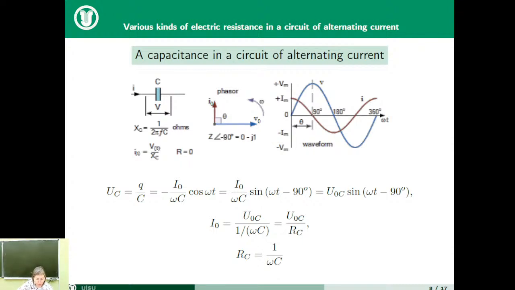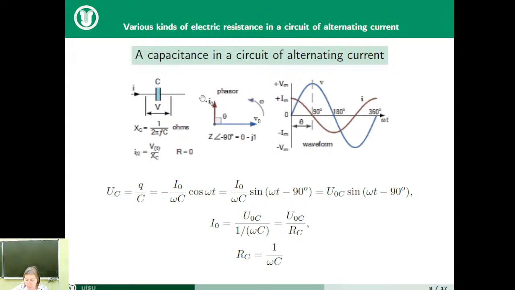It decreases with growth of frequency. RC has a dimension of ohm, and in a circuit with only capacitance the voltage on the plates of the condenser lags behind the current in phase by 90 degrees. It is reflected on the wave and vector diagram in this picture.